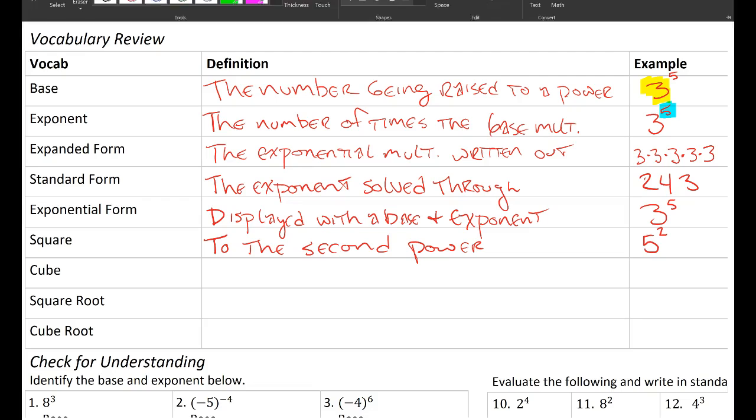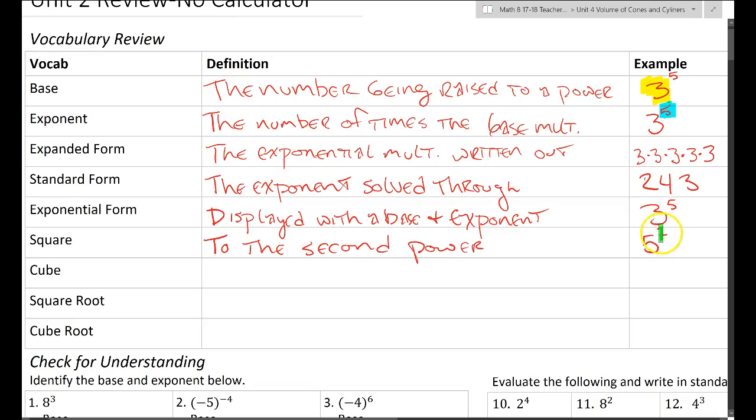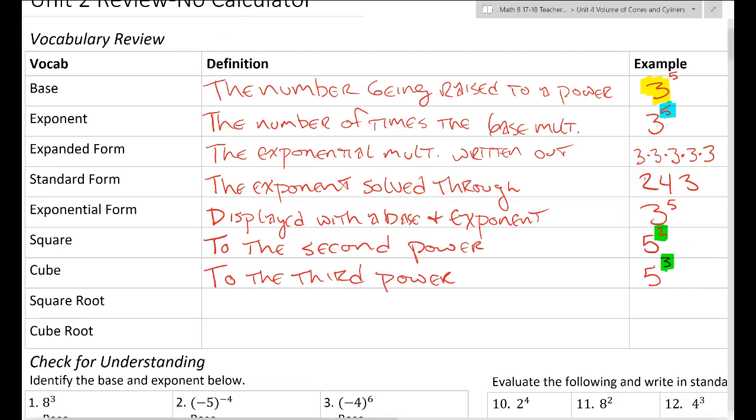When it says squared, you can remember that because squares are two-dimensional, therefore it is to the 2nd power. And cubed is to the 3rd power. So that'd be 5 cubed. And you can remember that because cubes are three-dimensional.